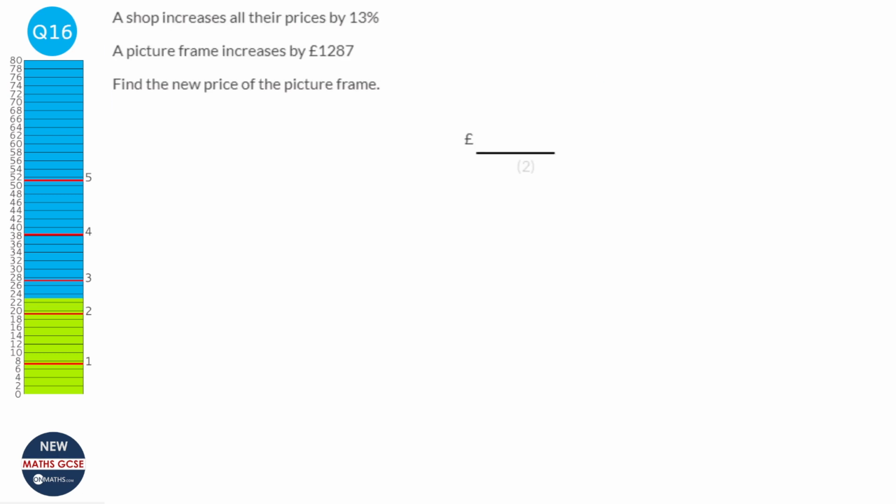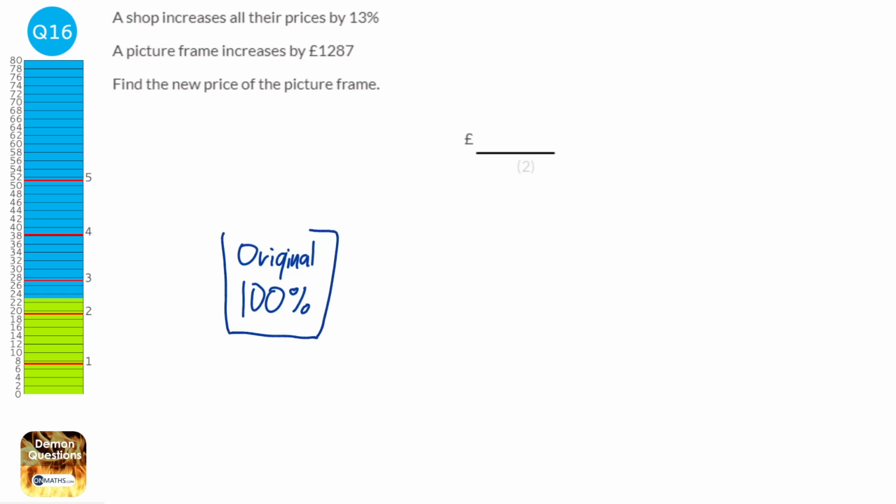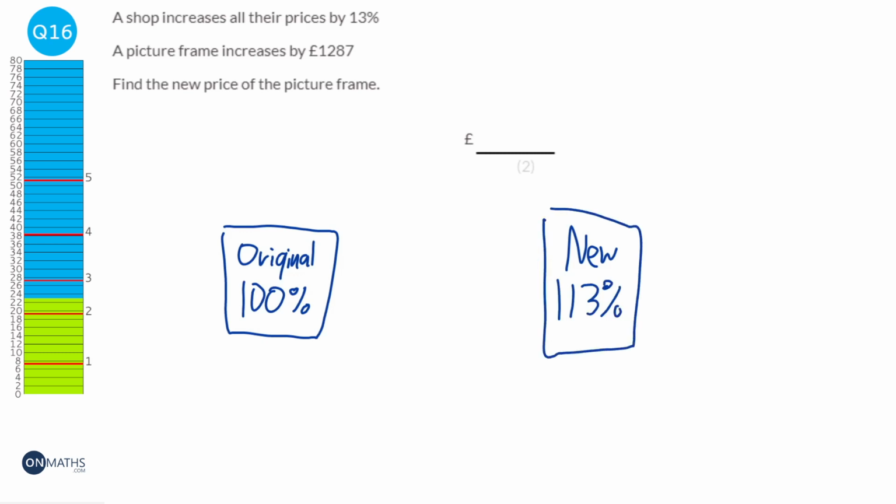So we have an original amount, and this represents 100% of the original amount. The new price, new amount, represents 113%, because it has said that it has gone up by 13%. So it has increased by 13%.